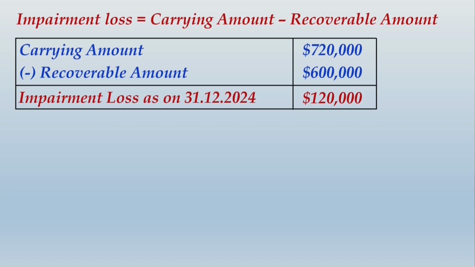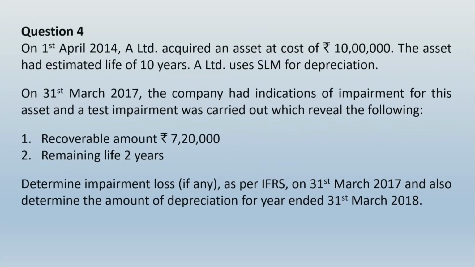Alright friends, once we have completed this entire solution, let us move on to the next question, that is question number 4. It says, on 1st April 2014, A Limited acquired an asset at cost of rupees 10 lakhs. The asset had estimated life of 10 years. A Limited uses SLM for depreciation.